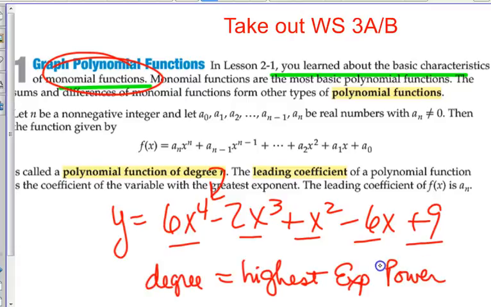Okay, if you put it in standard form, then it will be the first term, and that coefficient is called the leading coefficient. If it's not in standard form, the leading coefficient is still the coefficient of whatever was in highest exponent power.